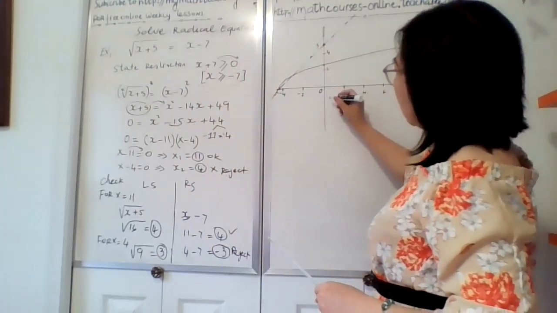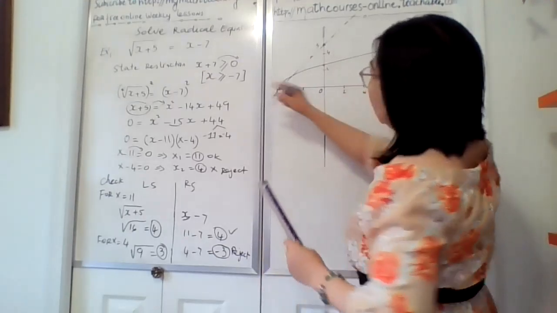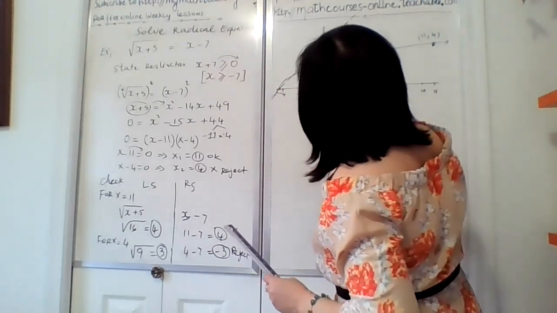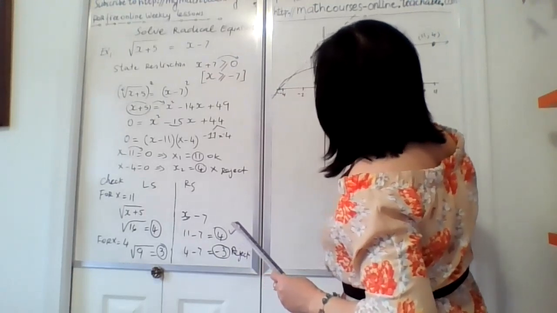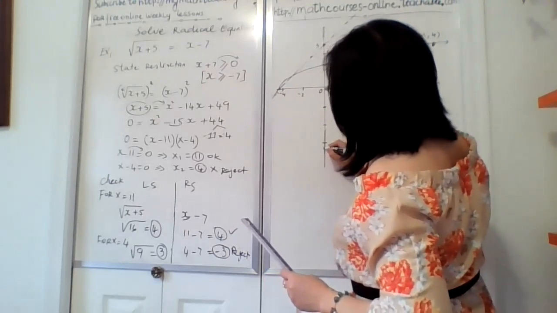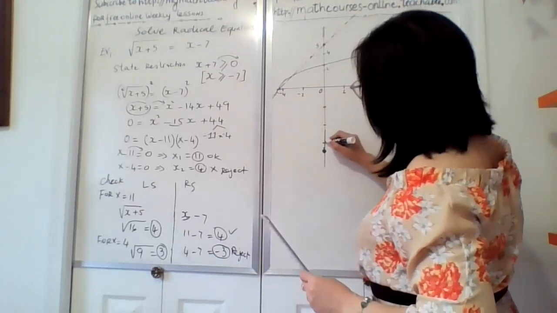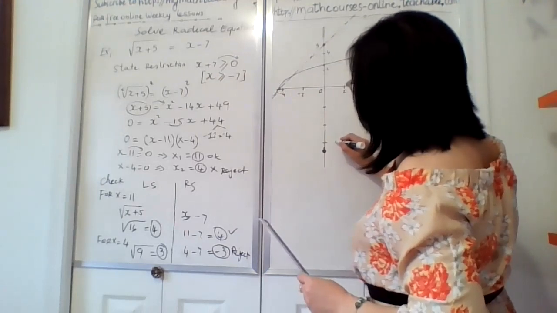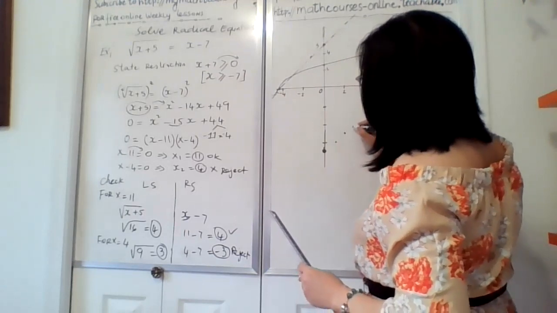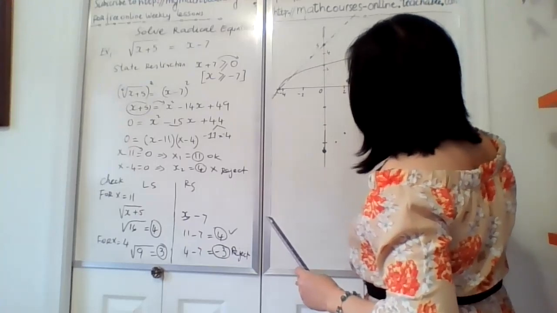So for x minus 7, we know that our y-intercept will start from minus 7. So let's say this is minus 2, and this is minus 4, and this is minus 6. So minus 7 is somewhere down here. And we have the slope of 1, so we go up 1, go across by 1, go up 1, go across by 1, go up 1, go across by 1.